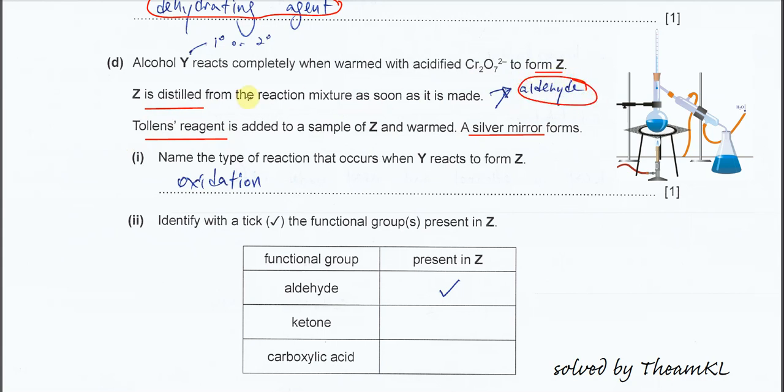So how do we get an aldehyde from alcohol oxidation? We must do distillation. So this is the distillation setup. This is a condenser. Let's say now we have a reaction mixture, alcohol with the oxidizing agent, and after the alcohol is oxidized, it will form aldehyde.